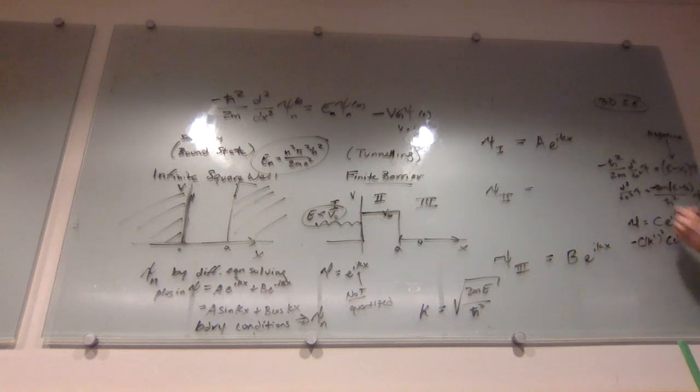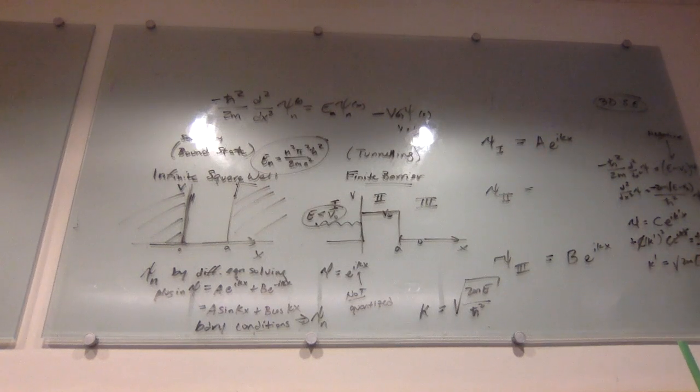That's this side, equals minus 2m E minus V naught over h bar squared, times psi again, which is C e to the i k prime x. That cancels with that, and C cancels. And now we get k prime is the square root of 2m E minus V naught.